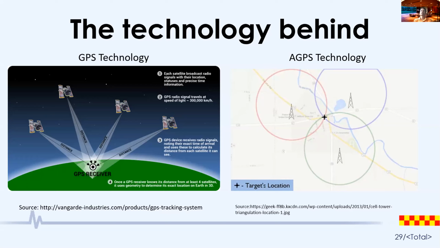That is utilized by all the phones as well, so they utilize the GPS as well as assisted GPS technologies. So this is the technology behind identifying where you're located.